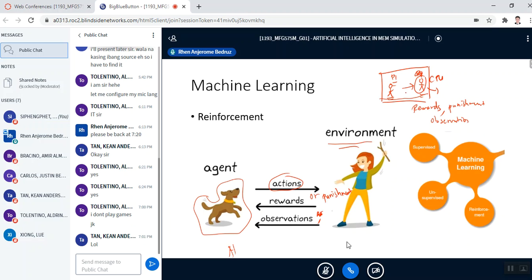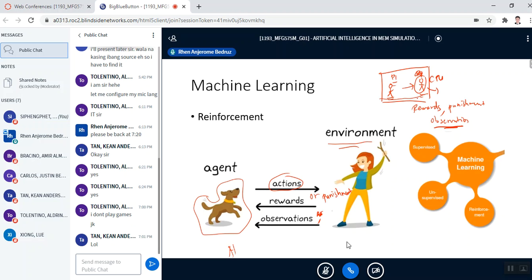But if this is your first time running the AI code, the AI won't do anything. It's the first time, so the AI won't do anything. That is observation. The AI is observing what the environment is doing or what player one is doing.